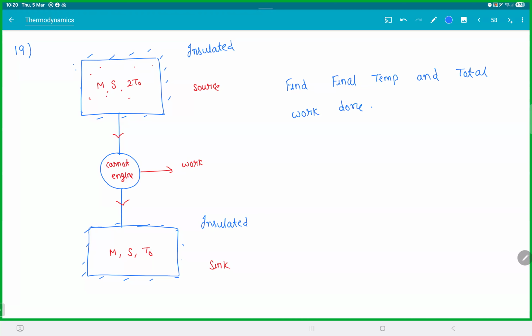So till now, we are taking the sink and source temperatures to be constant. What if they are varying? Let's see how you will handle this.